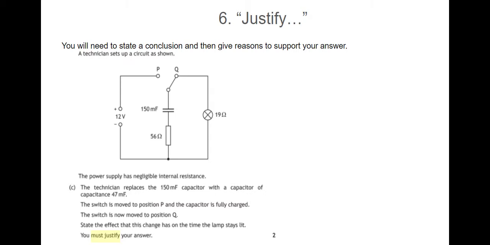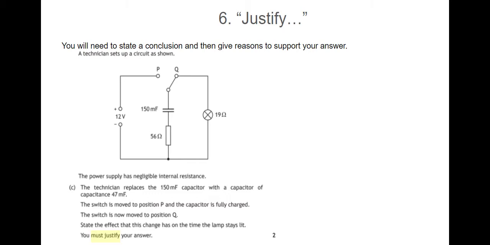Slightly different wording. The difference between a justify and a must justify question, as a student answering this question, there is no difference. You're still going to give a statement and a justification. As a marker, the marker will be looking more at your justification.